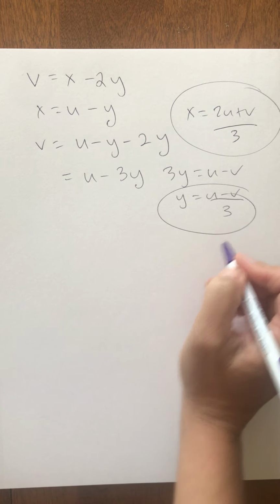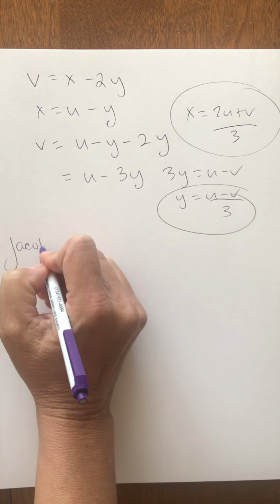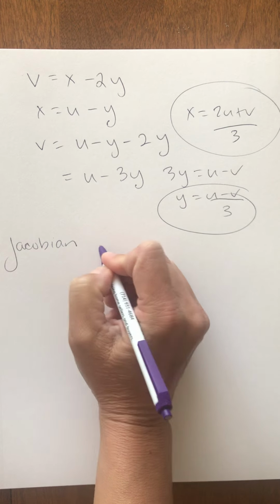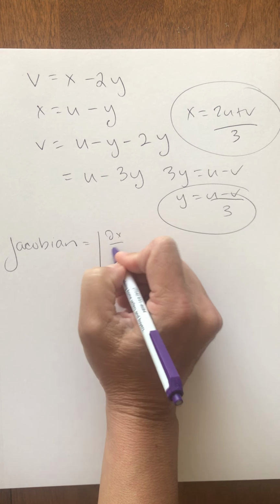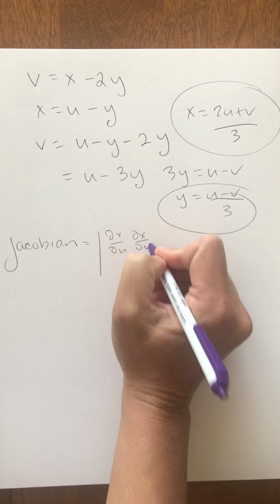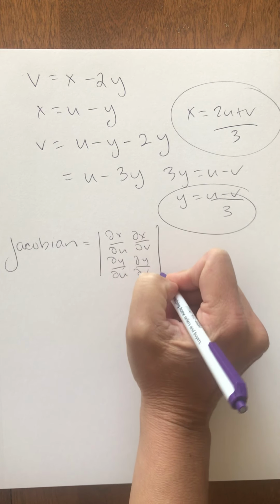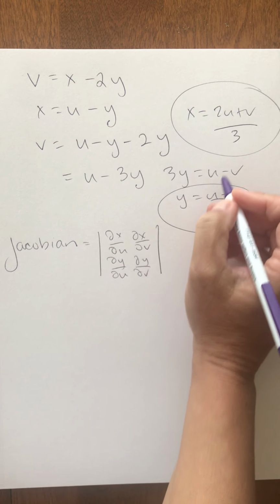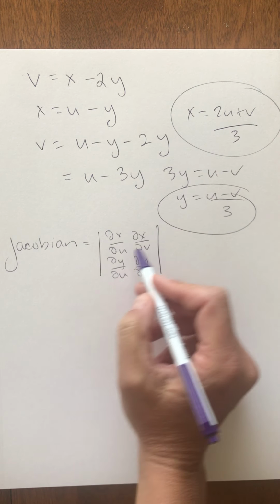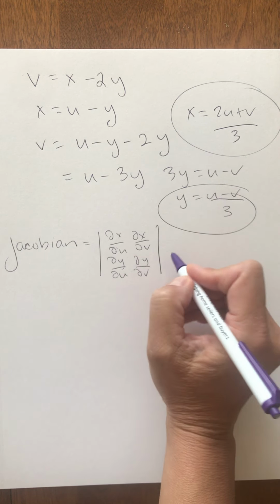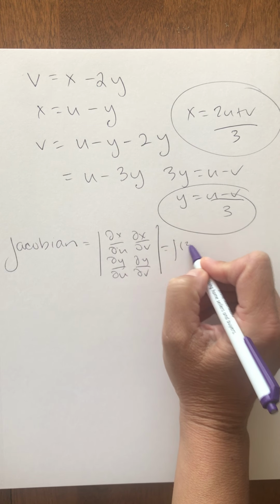Now we need to find my Jacobian. Again, remembering this is going to be the partial with respect to u, the partial with respect to v, the partial with respect to u, the partial with respect to v. So let's see what I get here. I literally get to take some derivatives. So the partial derivative of x with respect to u is 2/3.